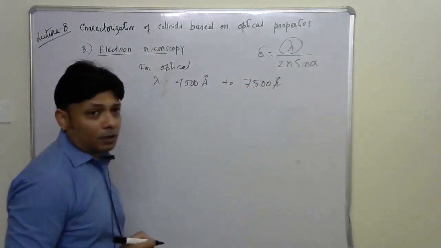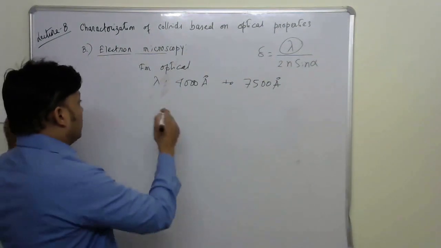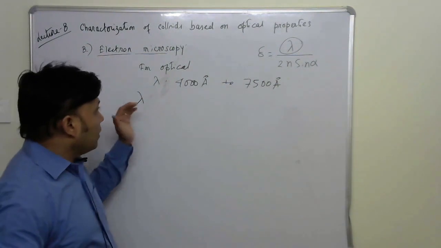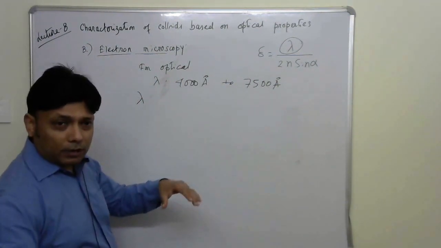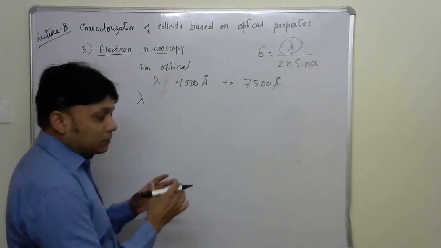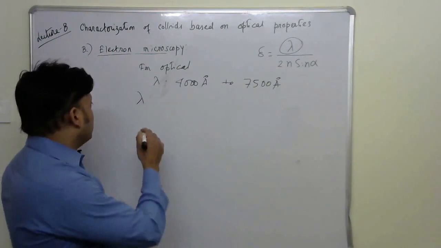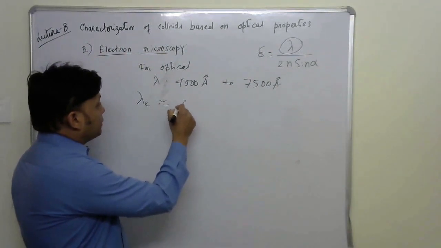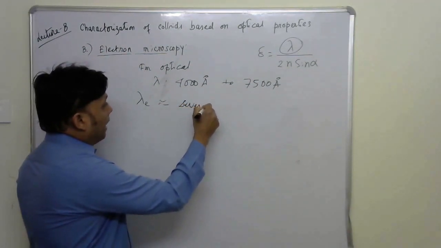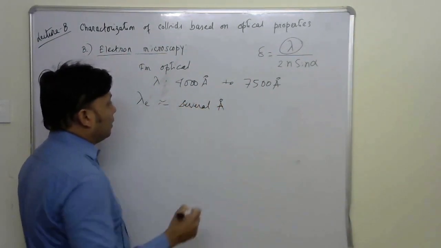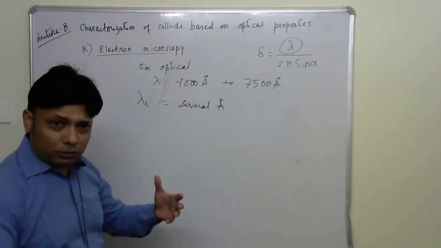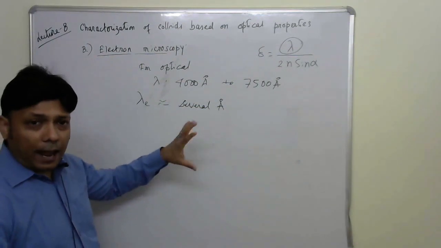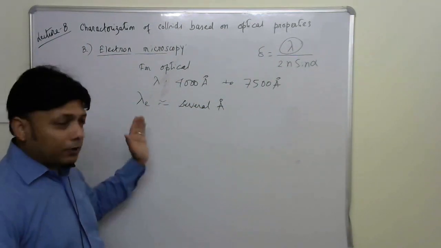But if we have a wave of electron in the form of a focused electron beam, the wavelength of the electron can be in the order of several angstroms only, and this wavelength can be tuned. So easily we can have few tens to few hundred angstrom of wavelength of the electron beam.